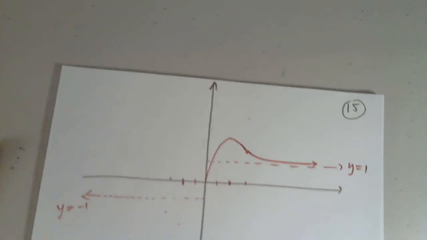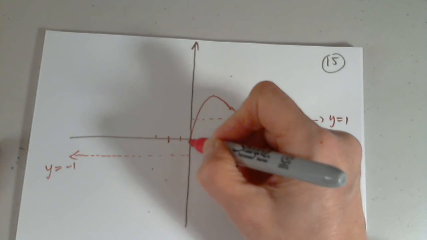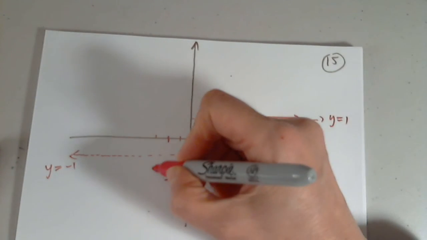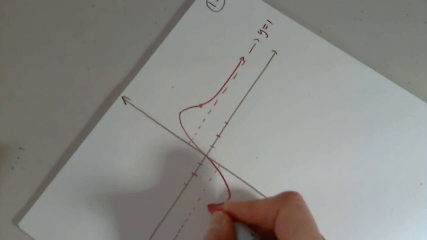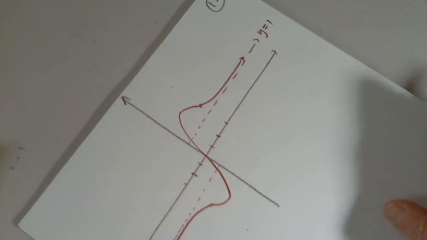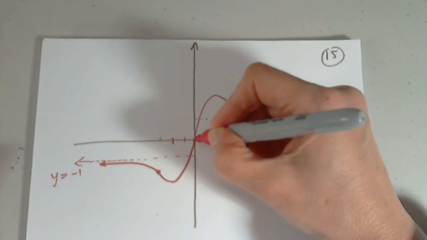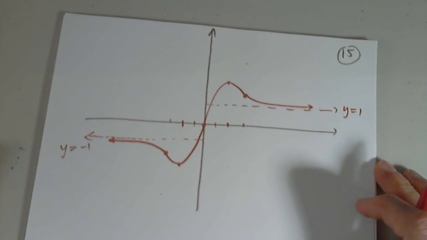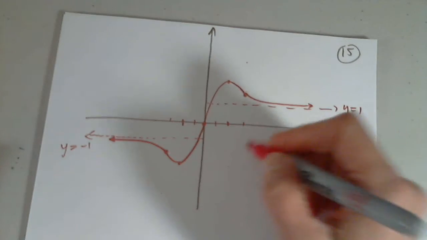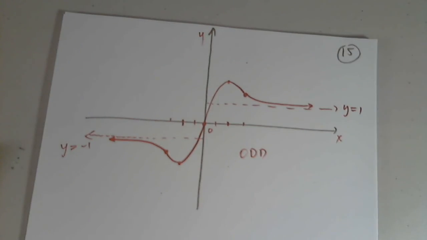I don't need the table anymore. So whatever I have on this side, I have to have on the other side. Local max, local min. And it's an odd function. Back to the graph.